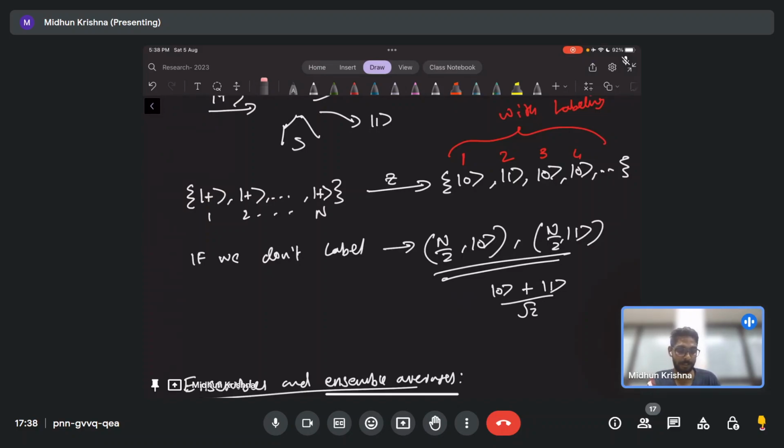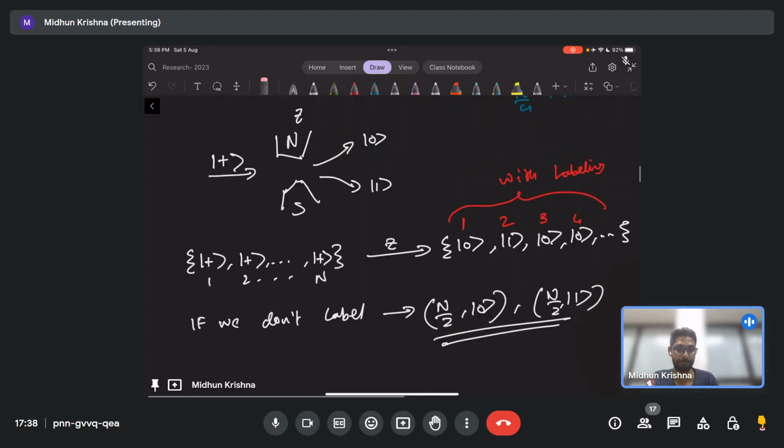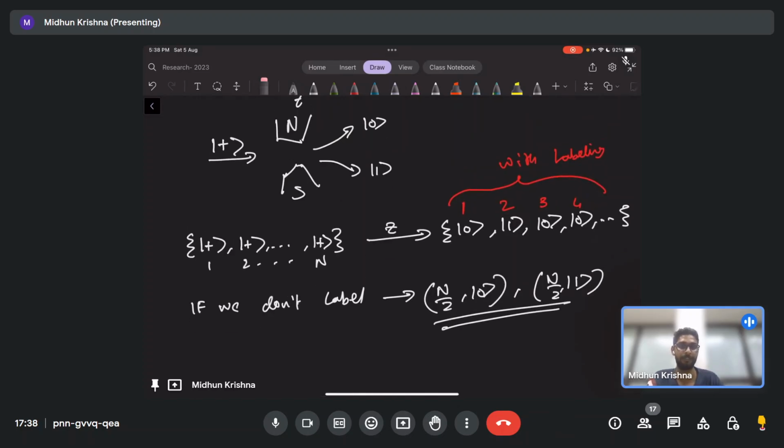This probability of getting 0 and 1 came because I forgot to label them. It's a mistake on my side. Okay. So this is a classical probability. This probability is different from the wave function collapse arguments that we have, which is an intrinsic quantum mechanical probability. But here it's a classical probability because I forgot to label them. Is that fine with everyone?